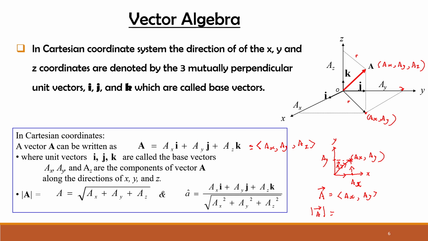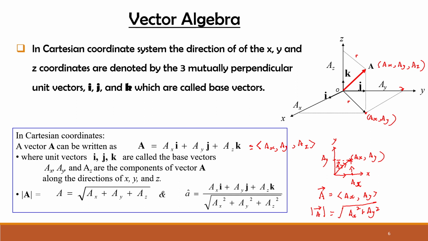The magnitude is the hypotenuse here, equivalent to r in polar coordinates. Using the Pythagorean theorem, the magnitude of A squared is ax squared plus ay squared. So the magnitude of A is the square root of ax squared plus ay squared.